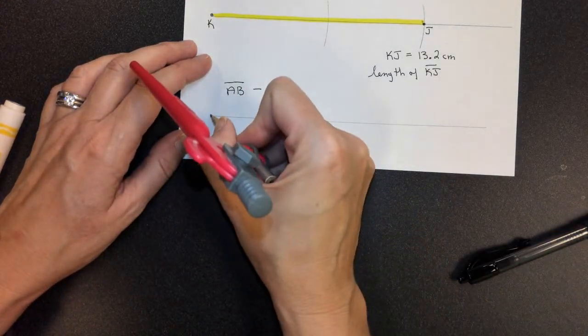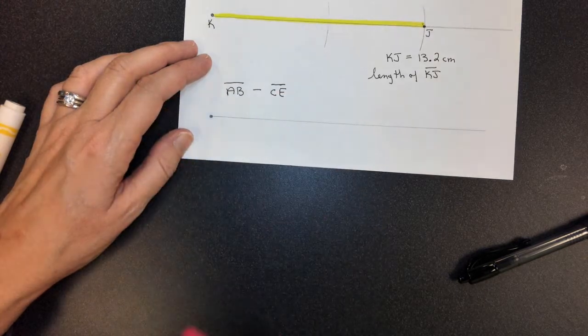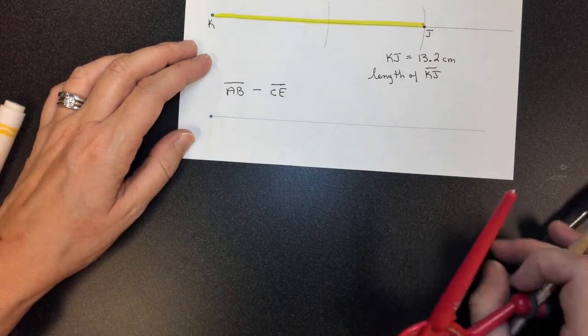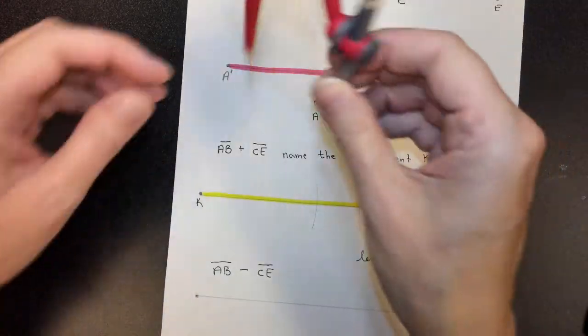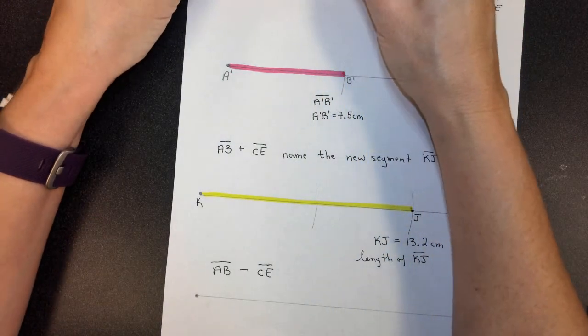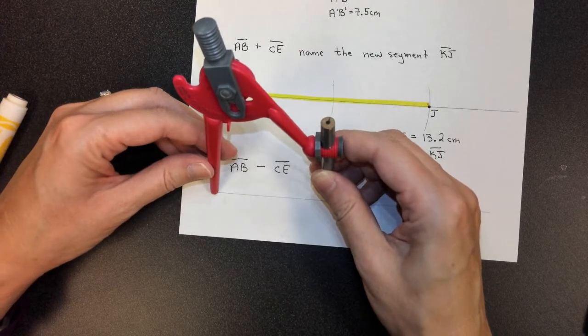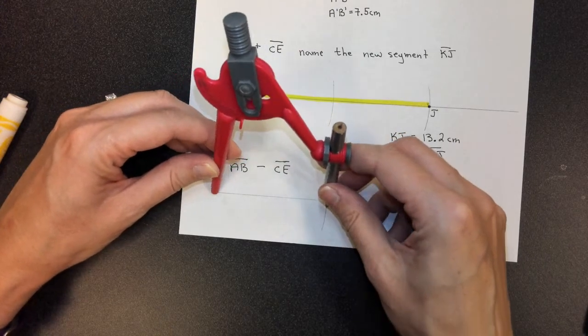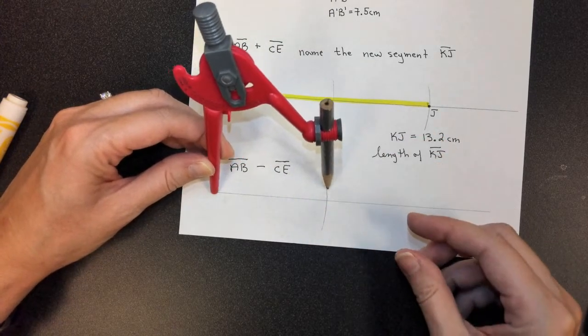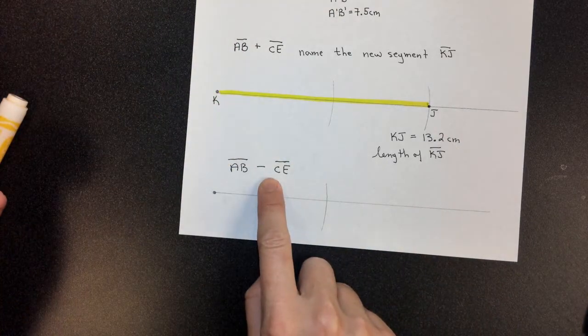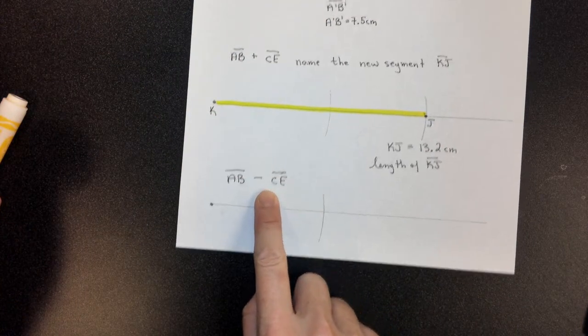We're going to put a point right here. Again, we're going to measure AB. And we're going to come down here. Copy AB. But now we're going to take away CE.